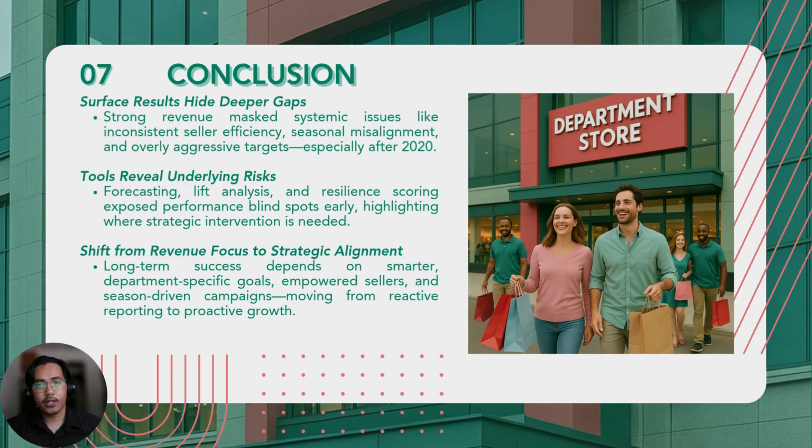Yet tools like forecasting, lift analysis, and resilience scoring revealed where underperformance can be spotted early. The takeaway? Sustainable growth comes not from chasing top-line numbers alone, but from smarter goal setting, empowered sellers, and seasonally attuned strategies. With this insight, we're no longer guessing, we are guiding.